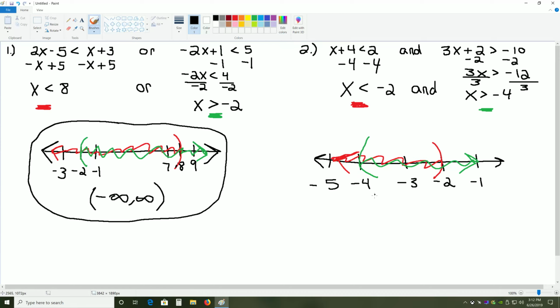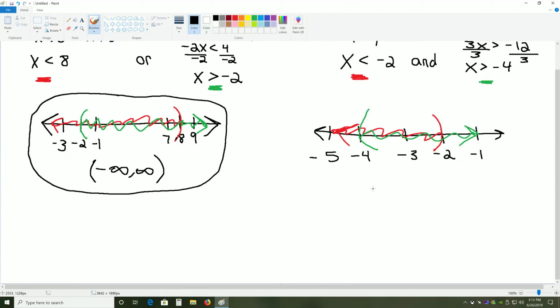So we're actually going to redraw this graph for our final solution. Nothing perfect, but it'll be a lot cleaner than what we see here. So -5, -4, -3, -2, and -1. Okay, so redrawing this graph, we're only going to draw where we have both values shaded.